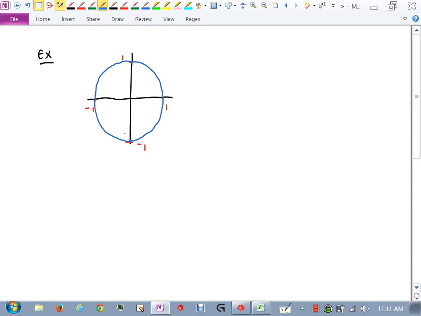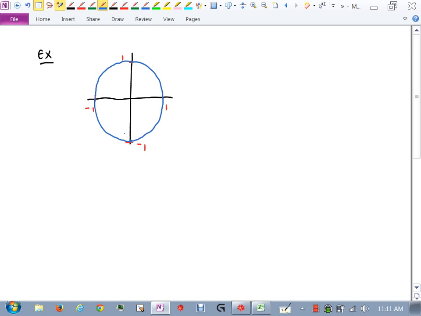Actually, it doesn't look too bad up there. What are your thoughts here? Can we represent all of those points where we can write x as a function of y or y as a function of x? Yes or no? Why or why not?